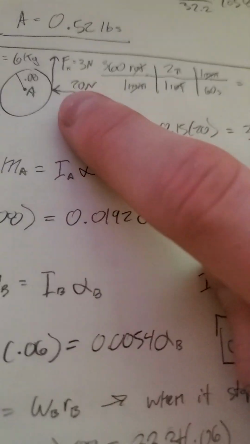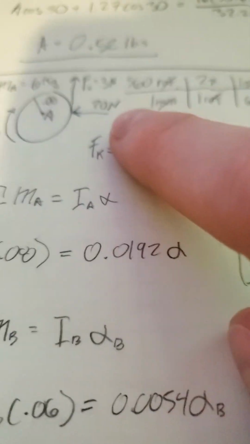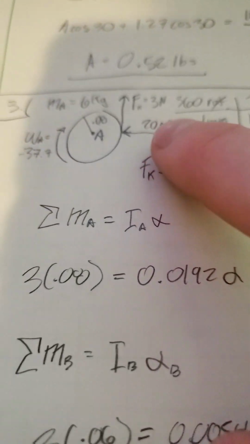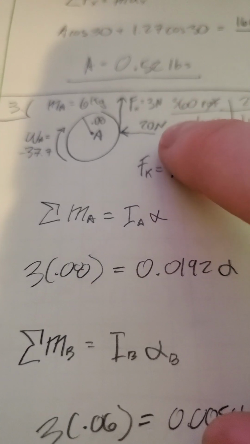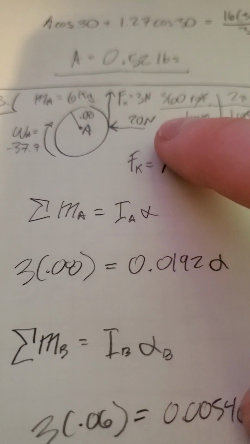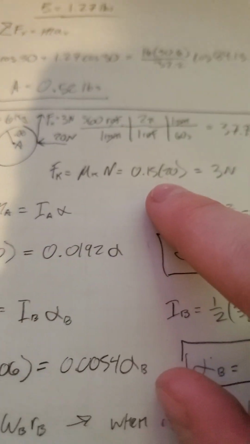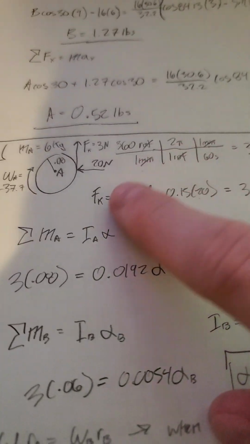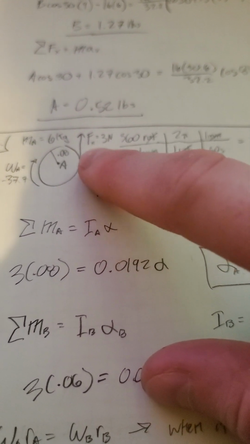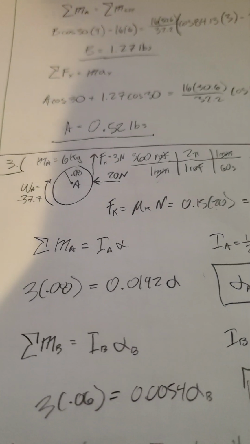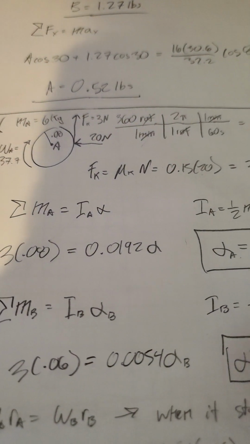So basically what I did is I just wrote out the diagram here because it tells us that they're pushed together with a force of 20 newtons. So we have the force of 20 newtons. We know the coefficient of static friction is 0.15, so you can actually solve for the force pushing up from the other disk running into it, you can say.